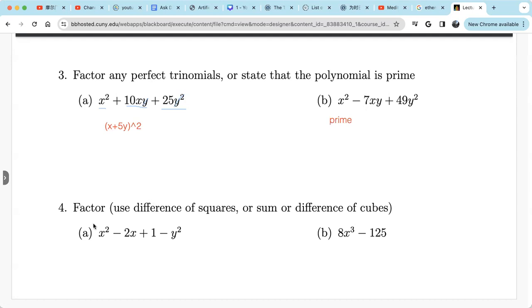Let's see 4. We have 4 terms, so we would group them 2 by 2. If we group the first two, we factor out x and have x minus 2. If we group the other two, we have 1 plus y, 1 minus y. So this actually doesn't have common factors.